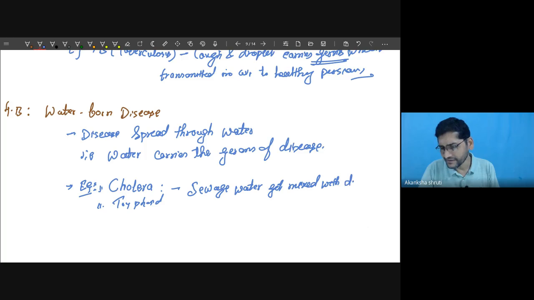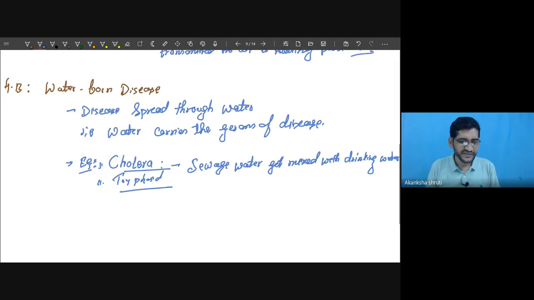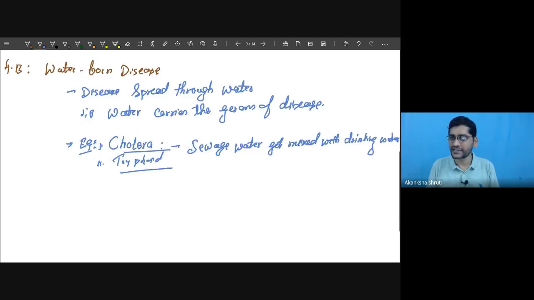Drinking water line. So if this mixing occur, then the disease will occur. So many more are there, but just keep in mind this cholera, typhoid, and diarrhea. In cholera, there is continuous loose motion and many more problem. Vomitings are there. It is that one.